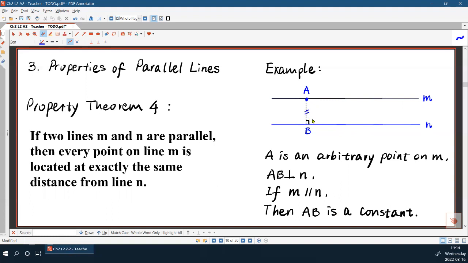And the distance here, AB, is constant everywhere on line M.